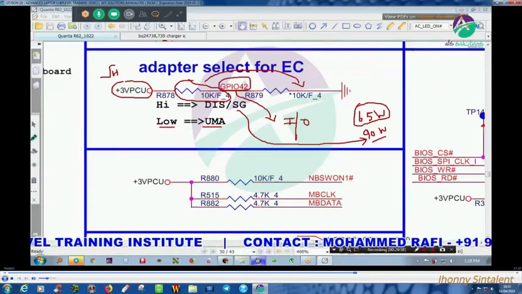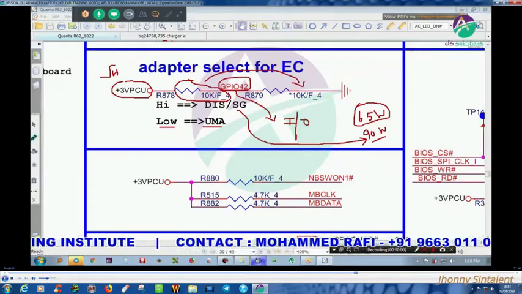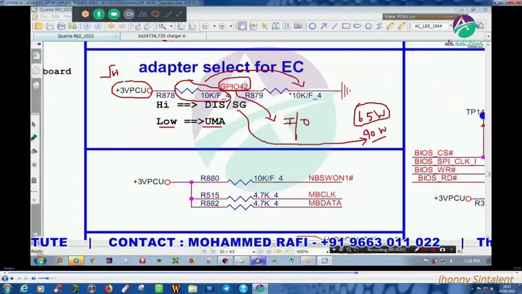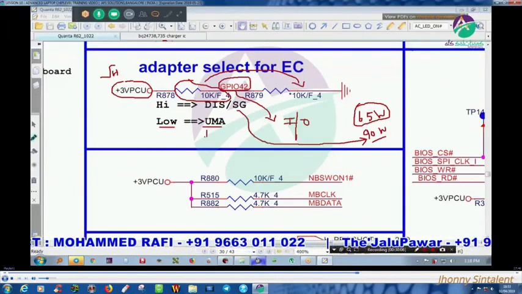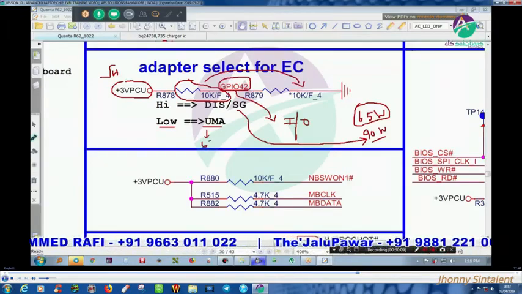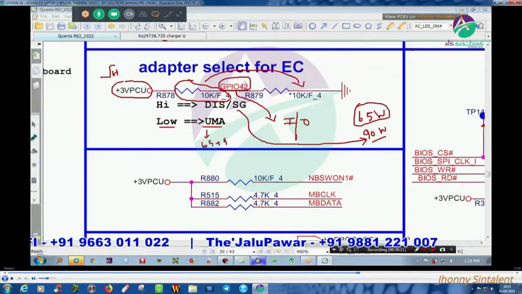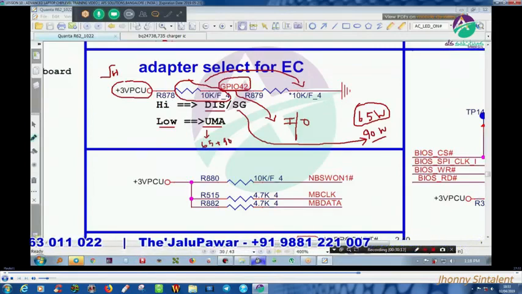If it is not a graphic machine, I can run with 90 watt and 65 watt also. But for my discrete graphic machine, I compulsorily need 90 watt only.